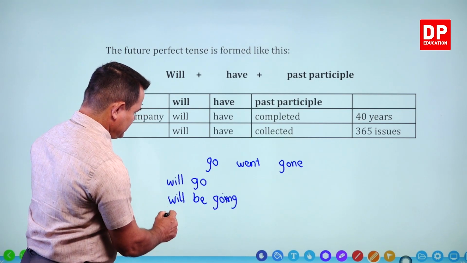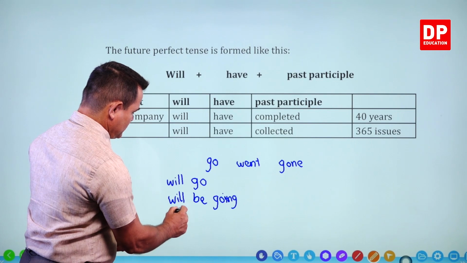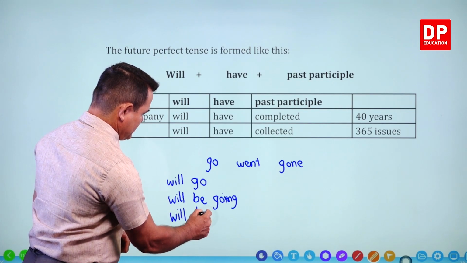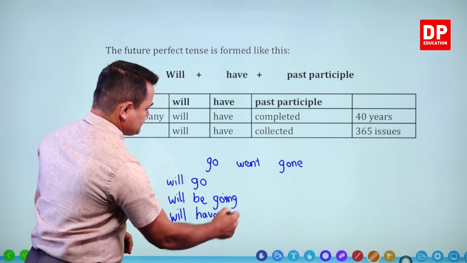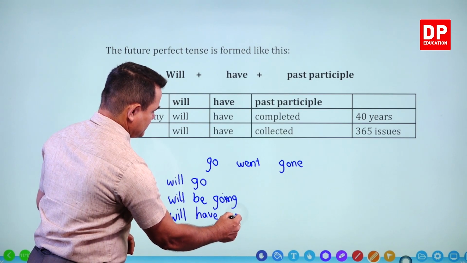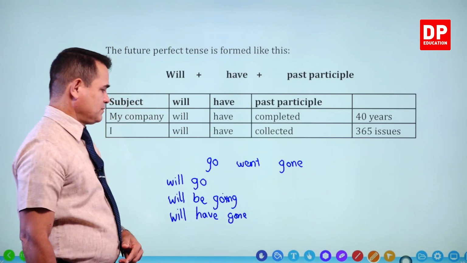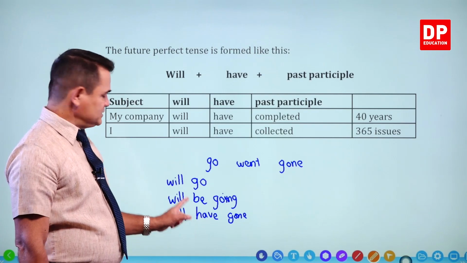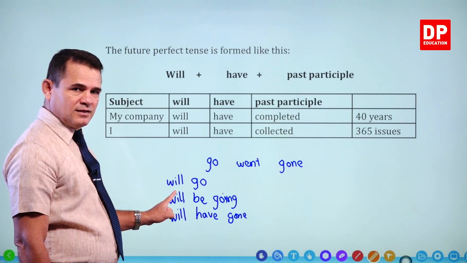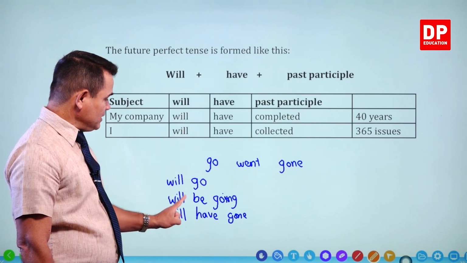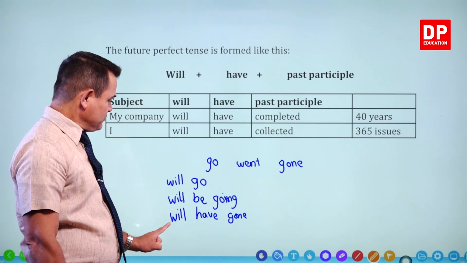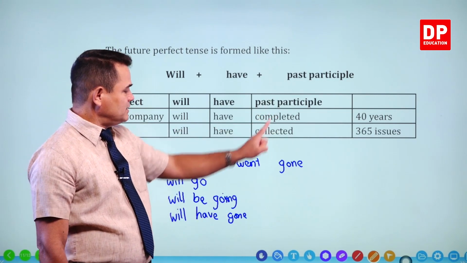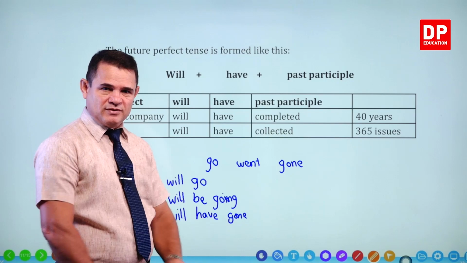Future perfect means will have and the past participle, the third form of the verb.